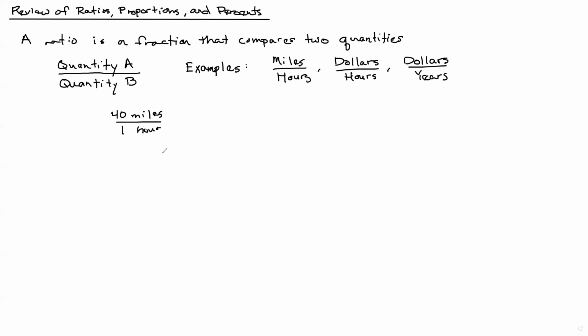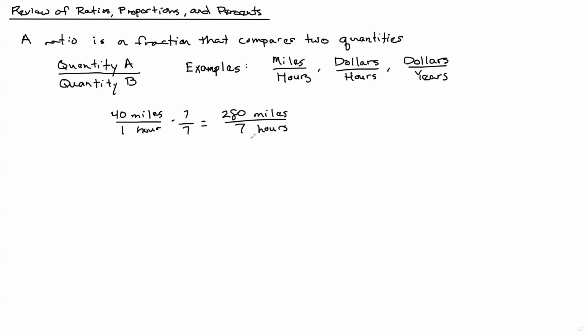If you want to figure out how far you would travel in 7 hours, you would multiply to get a 7 here instead of a 1. So you'd multiply the bottom by 7, and you'd multiply the top by 7 as well. Using a ratio, you get 280 miles over 7 hours.